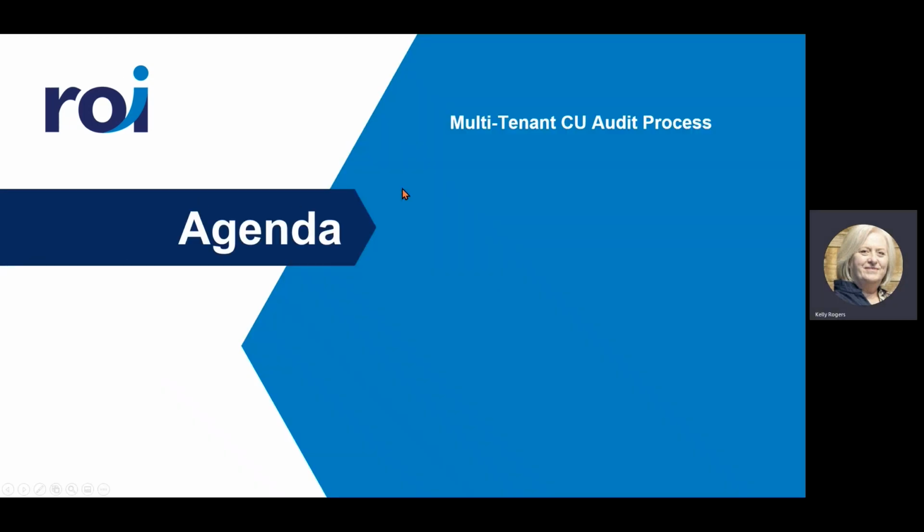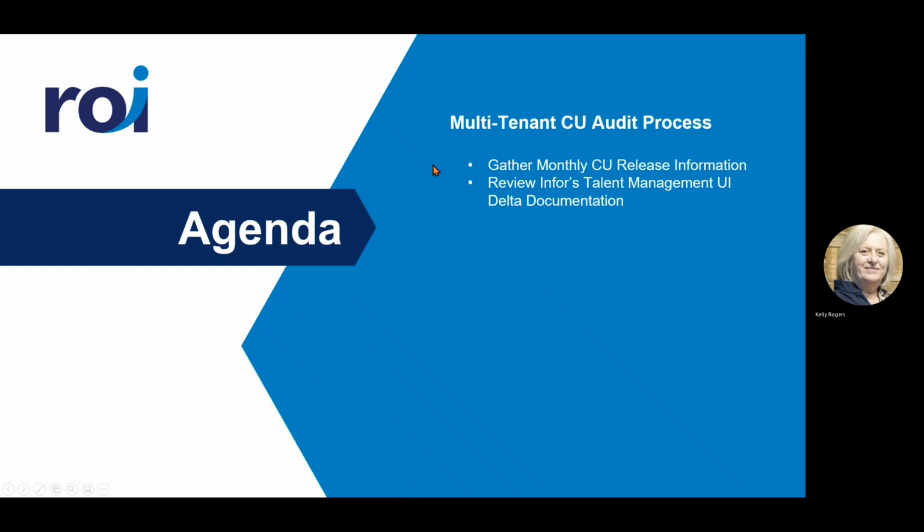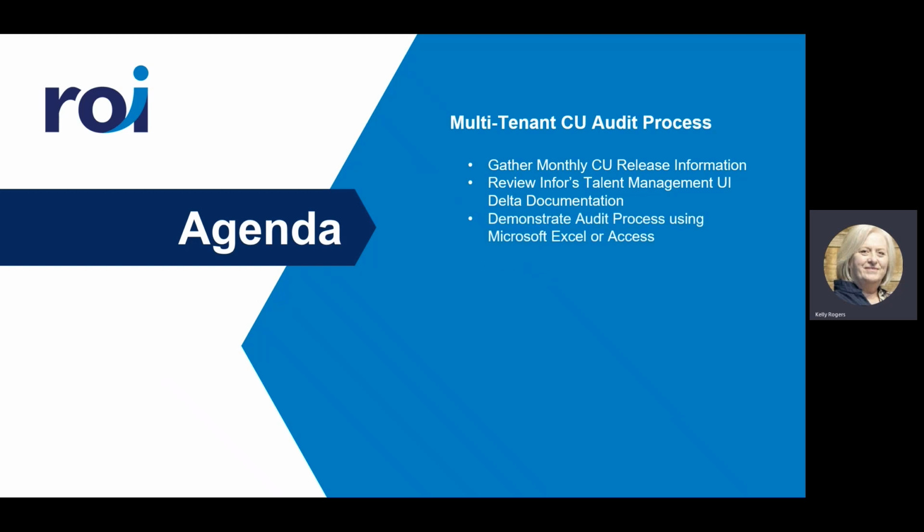Our agenda for today is to gather the monthly CU release information, and then we are going to extract Infor's talent management user interface Delta documentation for analysis, comparing that to your master configuration list will then allow us to demonstrate the audit process using either Microsoft Excel or Access.